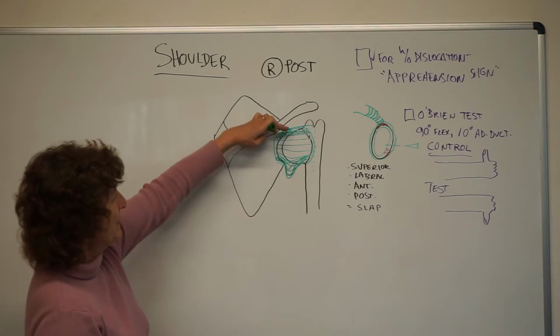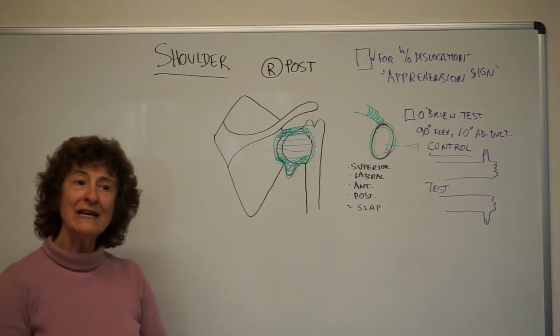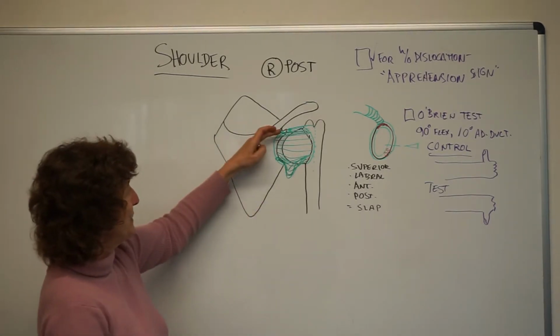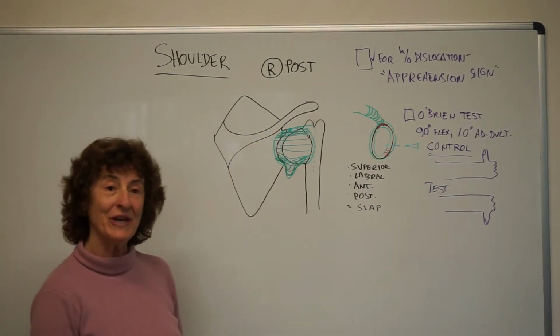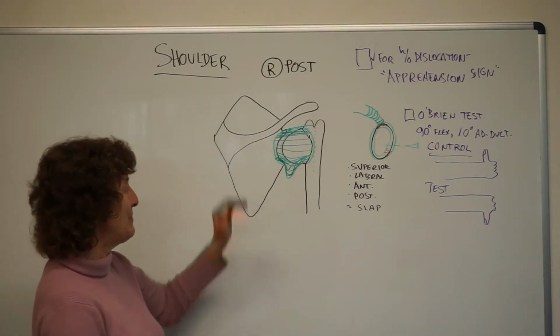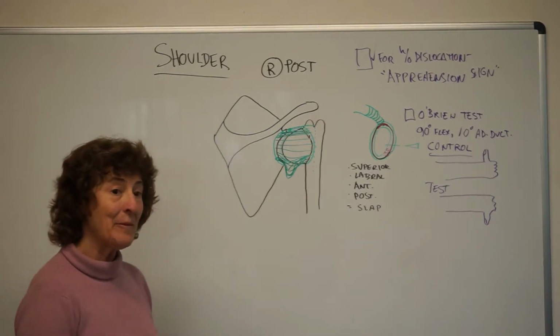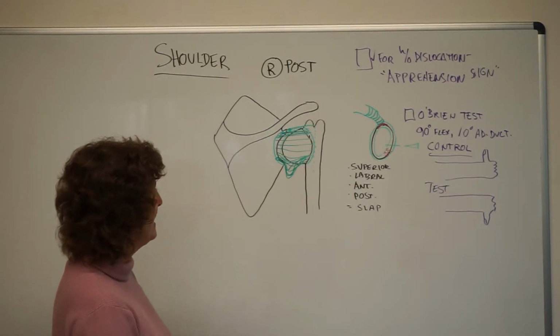These two parts of the capsule are called ligaments: superior glenohumeral ligament and inferior glenohumeral ligament. They function to stabilize the joint, not merely to encapsulate.